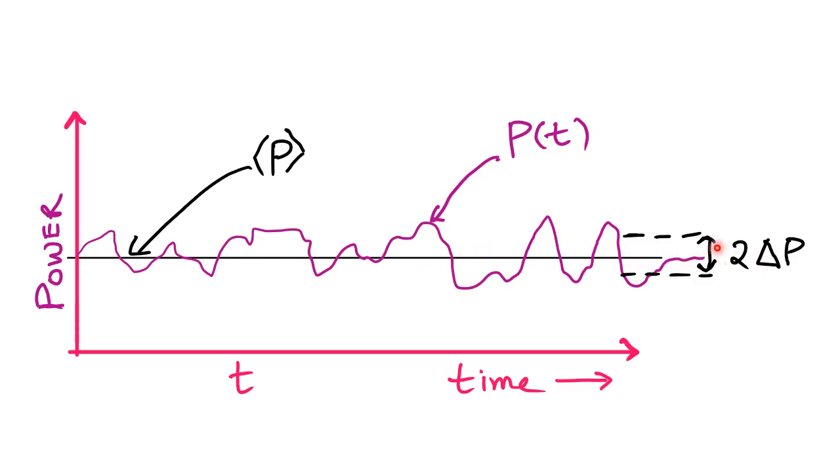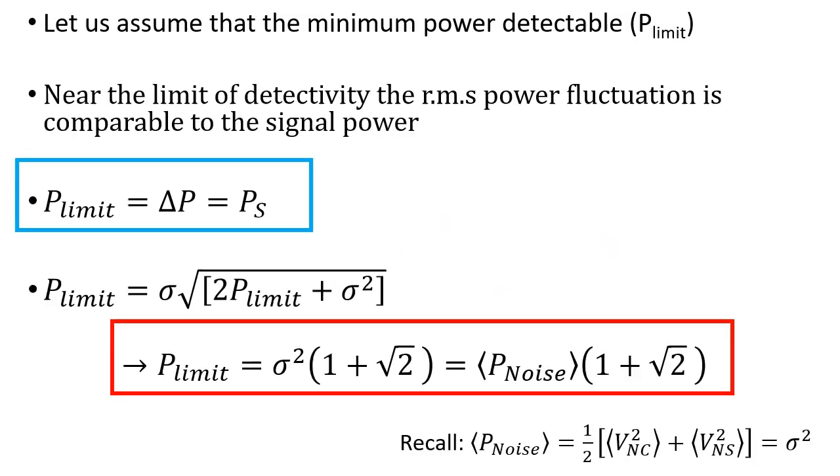And you see that the RMS variation is basically going to give me some measure of the fluctuation within which this whole signal lies, right? So the total power at the detector dominantly lies between the average and within 2 times delta P, which is twice the RMS power fluctuation, right? So that is the kind of mental picture that one must have of this power.